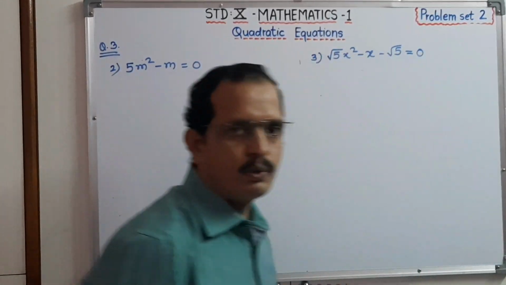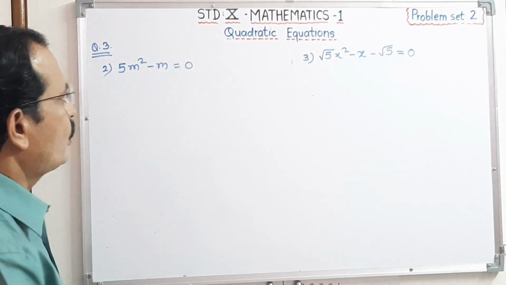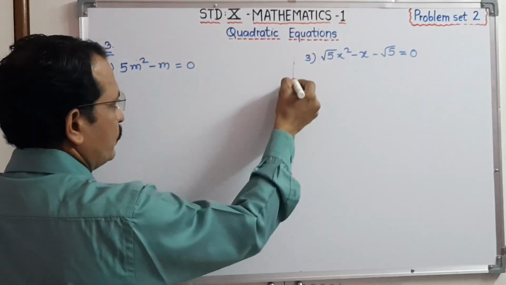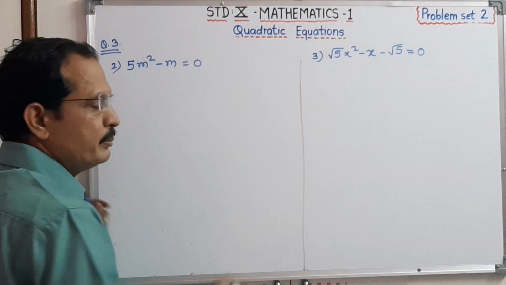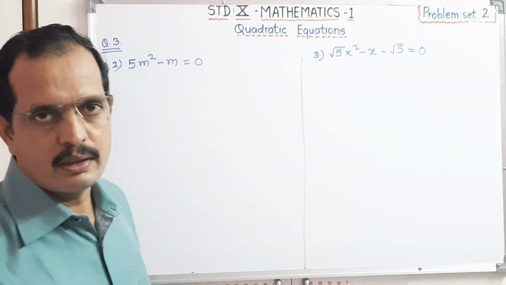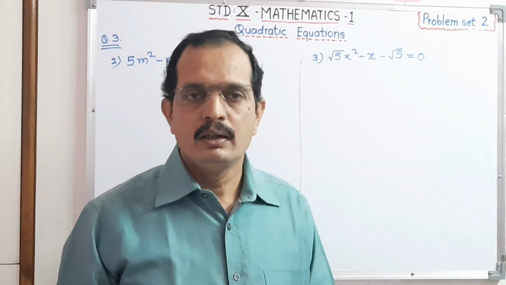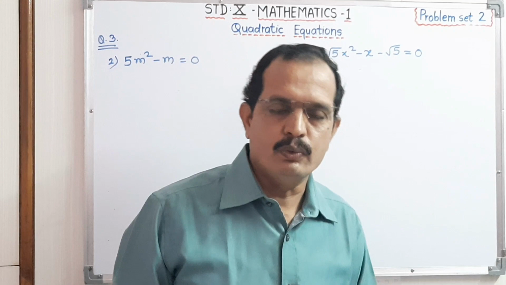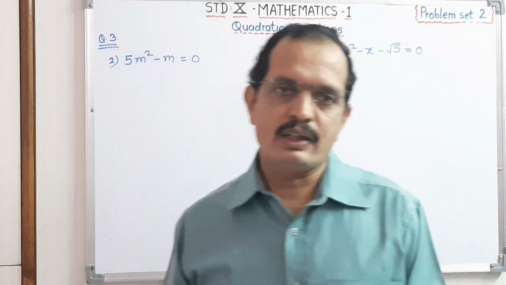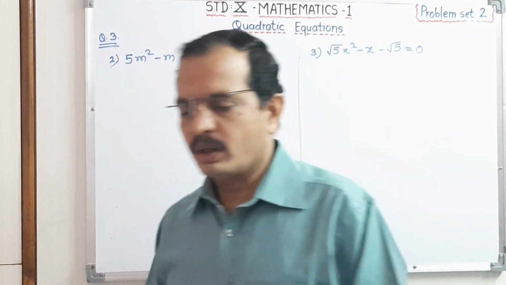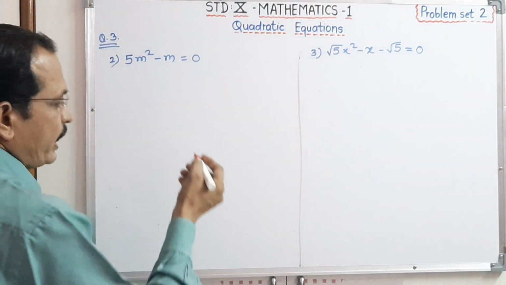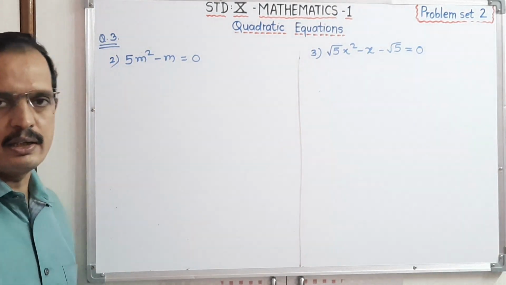Dear student, we have to find the value of discriminant. All of you know that discriminant is denoted by delta, and to find it we use b square minus 4ac. For that purpose, first of all, we have to write the given equation in standard form.